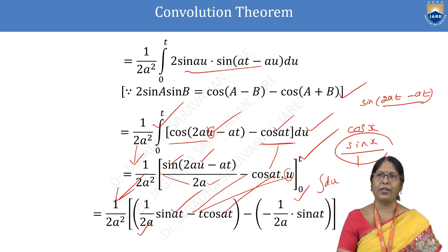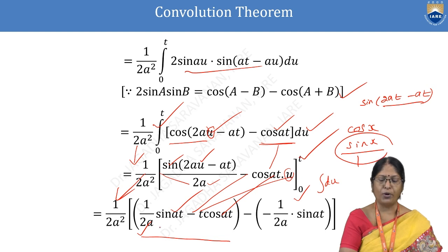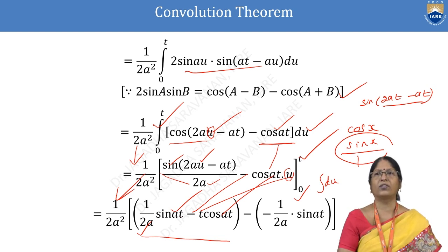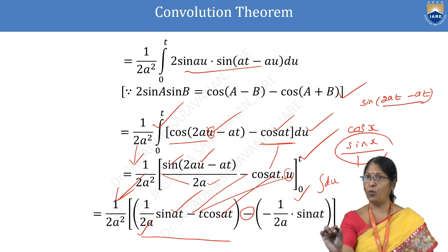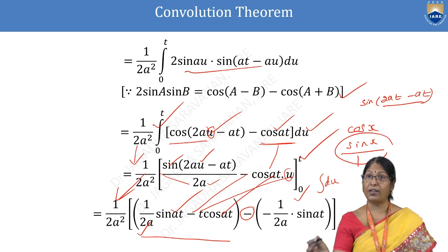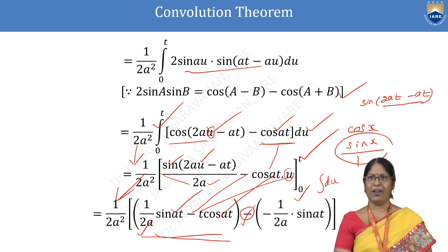So for the upper limit t, in place of u, we substituted and we got this result, 1 by 2a into sine at minus t cos at. What about this sign? Is this sign related to our problem? Nowhere. It is related to the formula, the limit. That is, the upper limit we applied, minus formula minus.